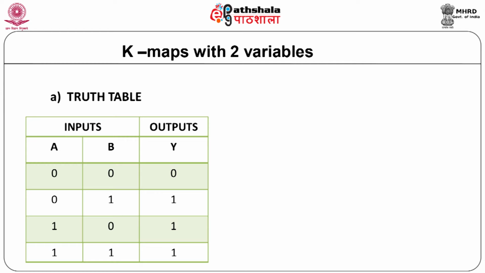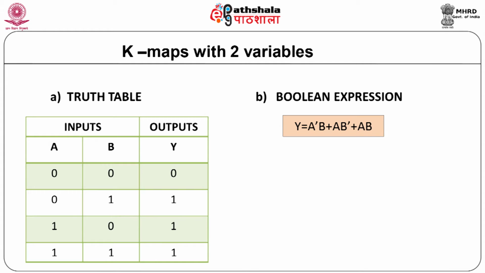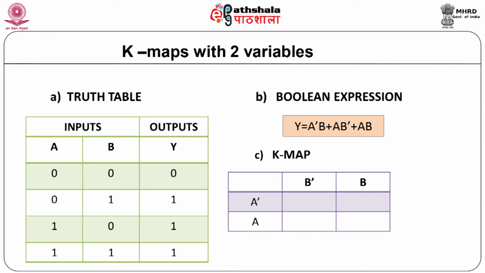So, for example, for this given truth table, we can write a Boolean expression as Y is equal to A bar B or A B bar or A B. Let us draw the K map for 2 variables. We will be writing A bar and A to form the rows and B, B bar to form the columns. Let us map the product terms into the K map one by one.